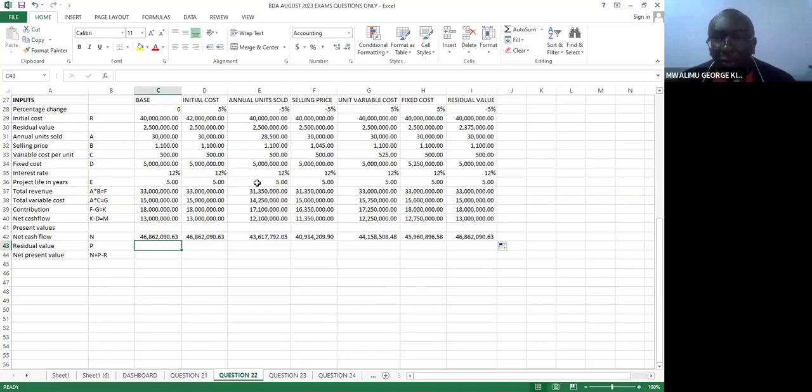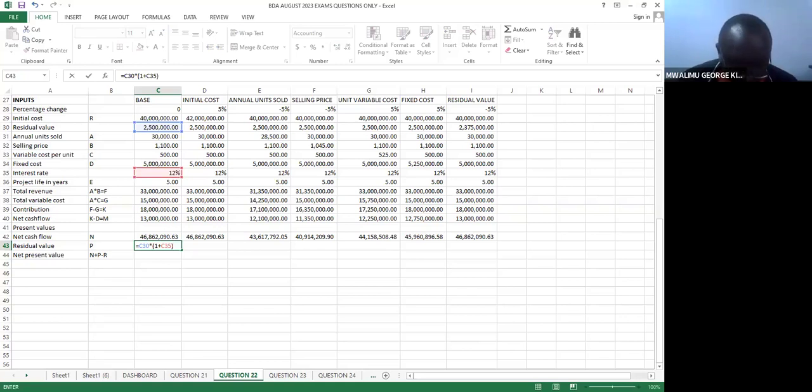So let's see whether we can work it manually, or we have to put it somewhere there. So you say equals the cash flow. Cash flow is this residual times, open the brackets, 1 plus this rate here, the 12, close the brackets.